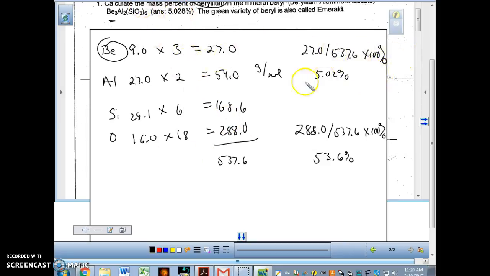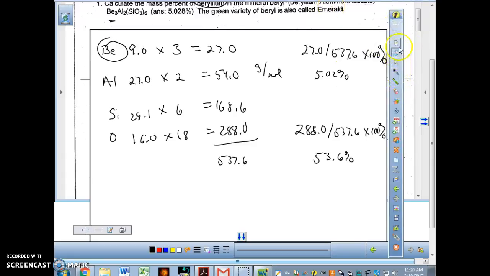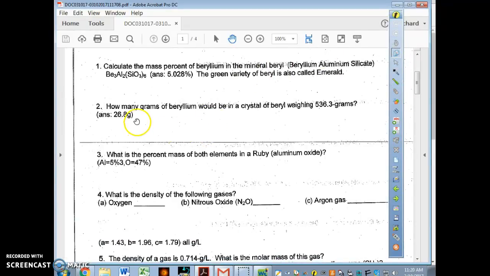The second kind would be the type that deals with how many grams of beryllium would be in a crystal of beryl that weighed 536.3 grams. Now this wouldn't always be the way it would be on a problem, but we've already worked that percentage up there.